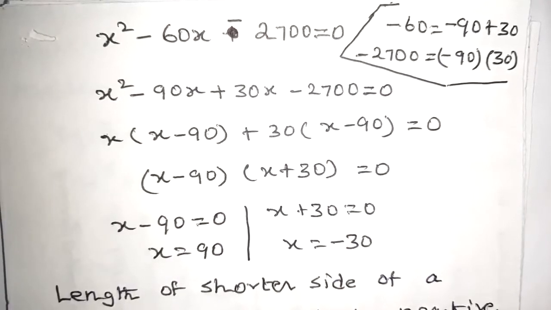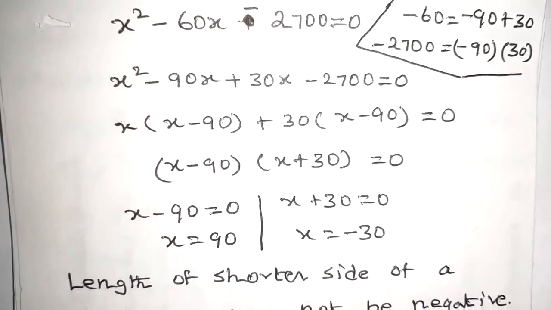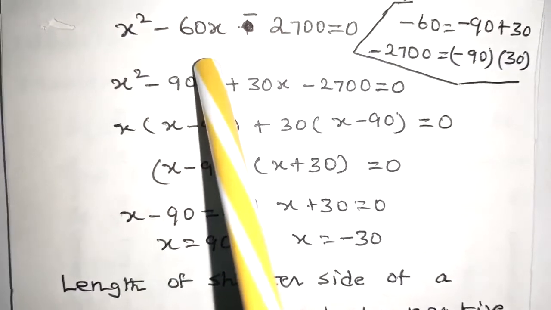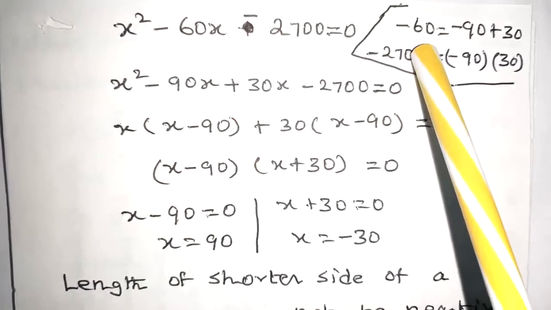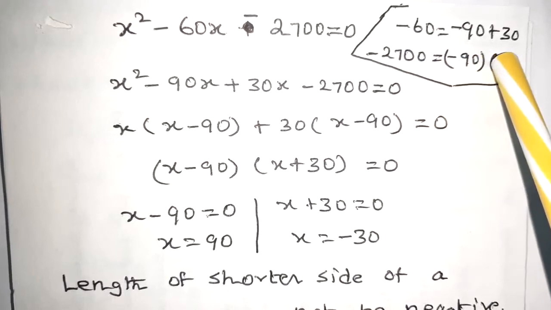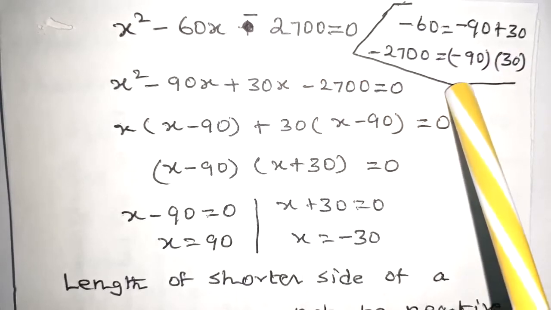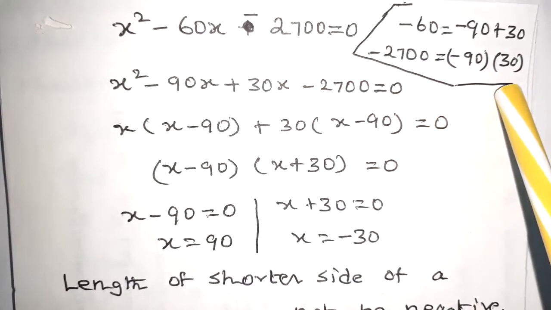Now in this problem, we solved the quadratic equation by factorization method. Here, minus 60 is written as the sum of minus 90 and 30. Minus 2700 is written as the product of minus 90 and 30.